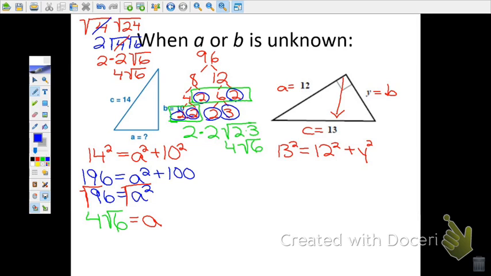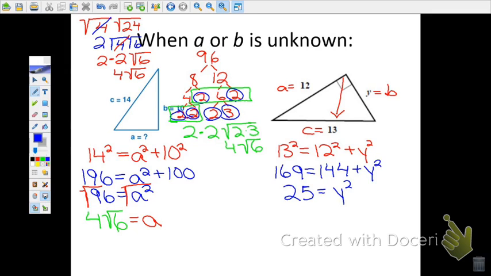I do the math. 13 squared is 169. 12 squared is 144 plus y squared. So I subtract 144 from both sides to get 25.